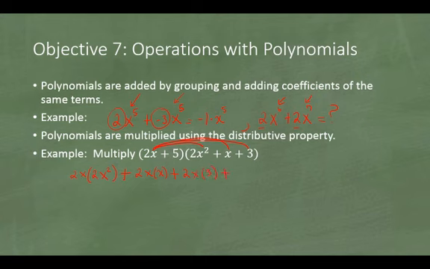Make sure everything gets distributed. Everything gets multiplied out. 5 times 2x squared plus 5 times x plus 5 times 3.